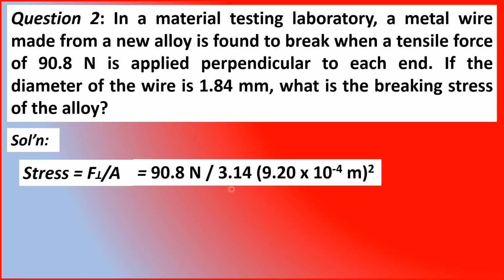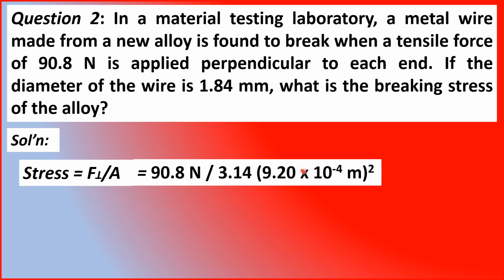All right, the formula for the cross-sectional area of the metal wire. Since what's given in the problem is the diameter 1.84 millimeters, there is a need for us to divide that by 2 because we are only getting the radius, and the radius is just half the diameter, and of course express radius in meter.